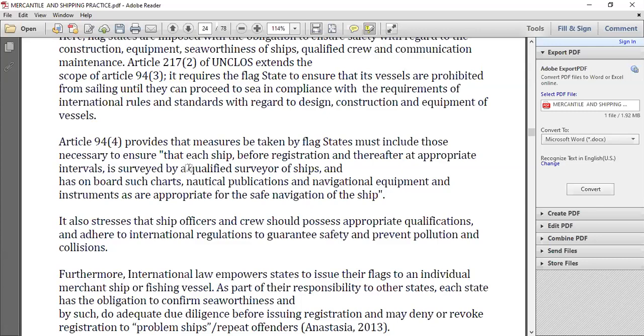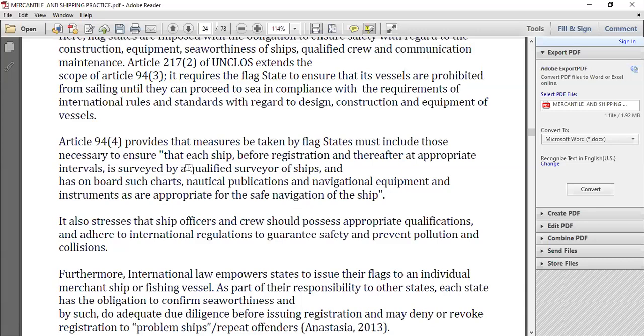Now, ship survey is a very, very important thing. Once the ship has been registered and it is operating, it needs to be inspected just to ensure that everything is functioning well. That is captured in Article 94, subsection 4.